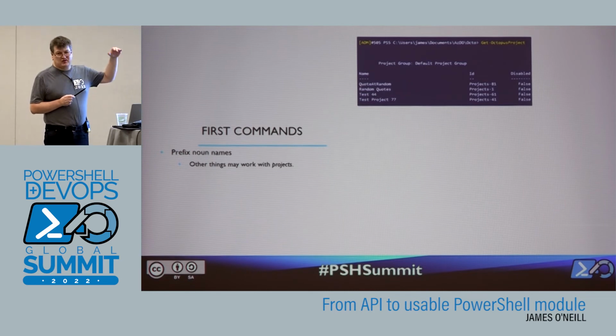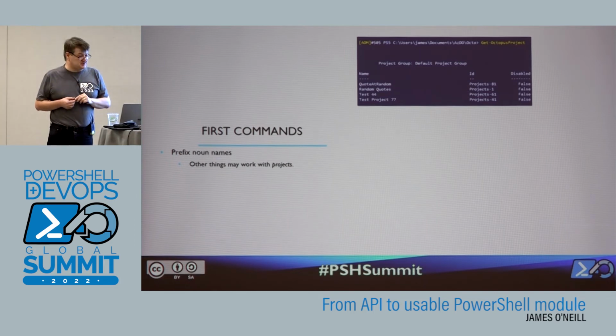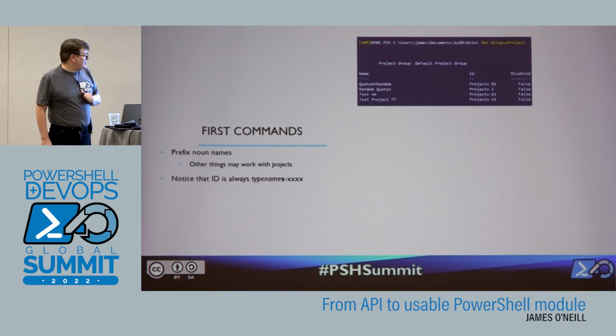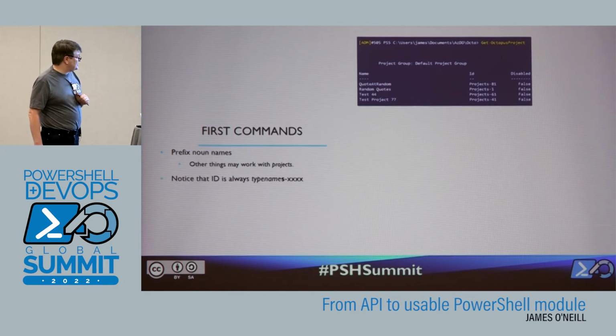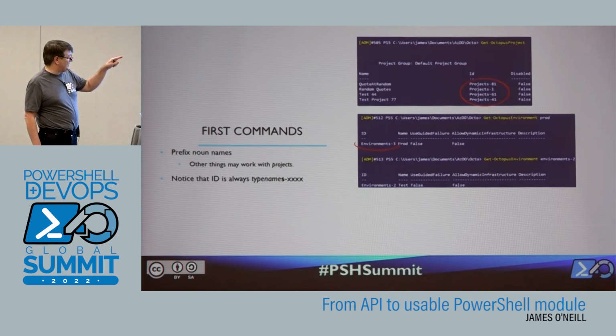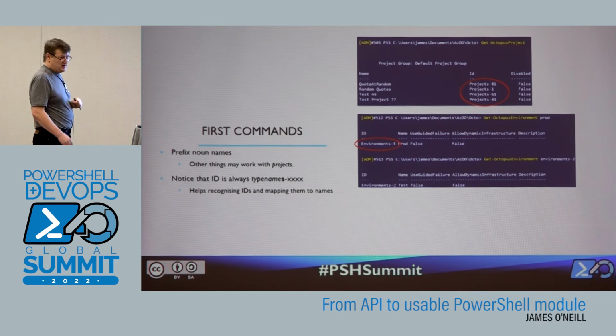And you can see there, I've got some formatting. So I've got it formatted as a table with a header. Octopus likes to have groups to put the different projects in, so I show which groups things are in. And the IDs are staggeringly consistent. So you can see on that one, they're called projects and a number. For environments, they're environments and a number.